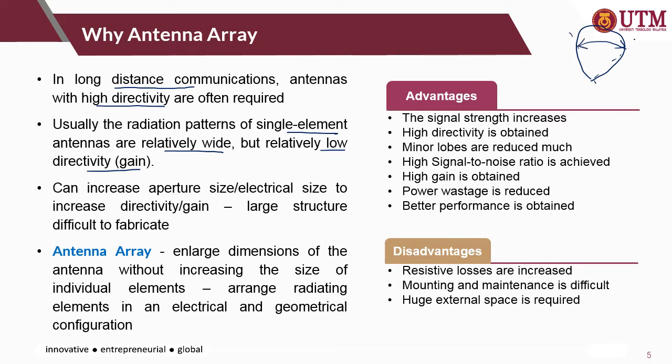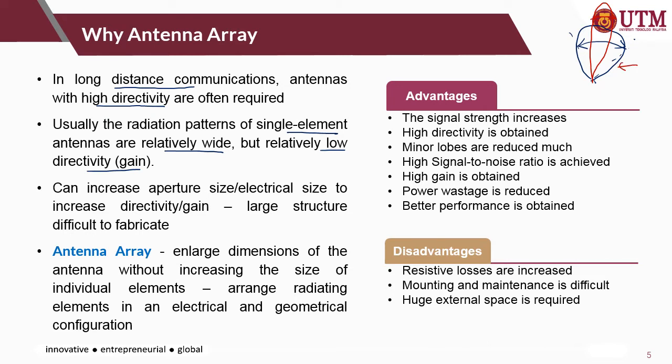But for long distance communication, we require a highly directive antenna, so that the beamwidth is a bit smaller and the signal will travel a far distance compared to this one.